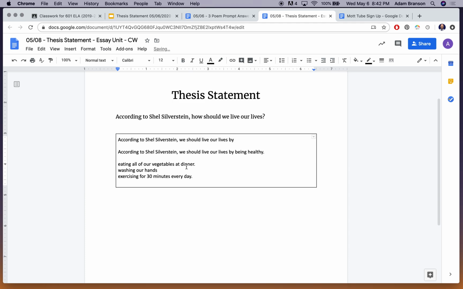So I'm going to look. So we eat our vegetables, we wash our hands, we exercise. So that's really, I think, all about taking care of our bodies. So we should live our lives by taking care of our bodies by making healthy choices.